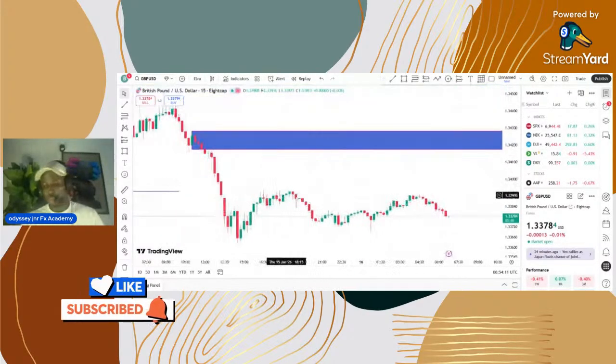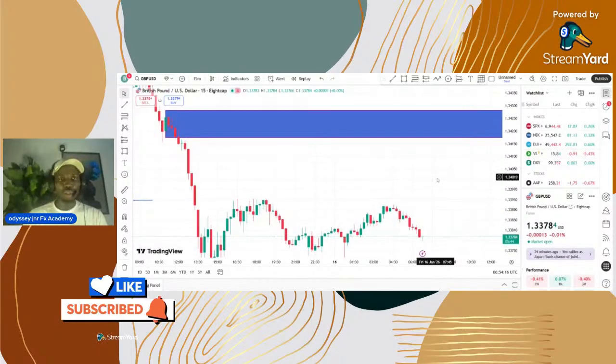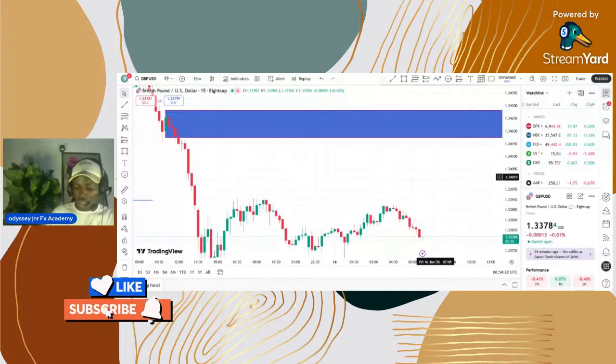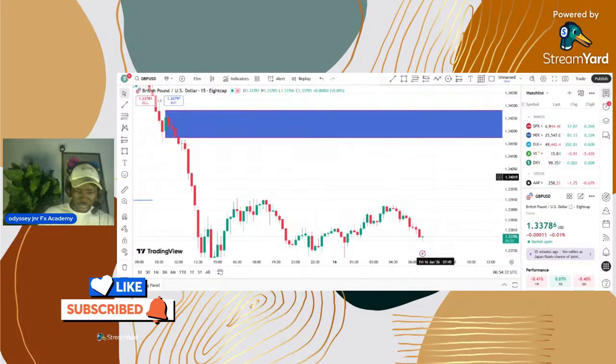And every one of our confluences is intact. So we'll be looking out for a clear buy here in this market.